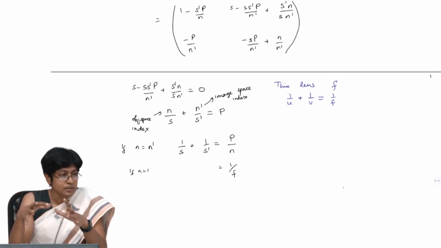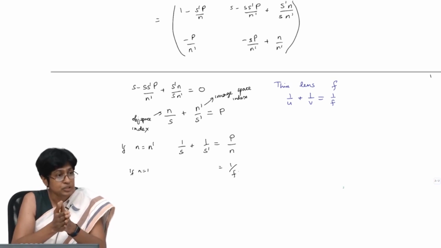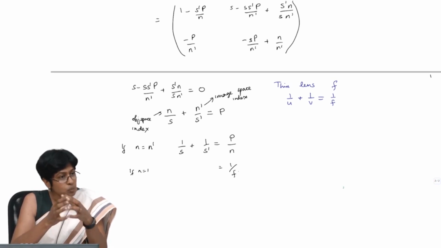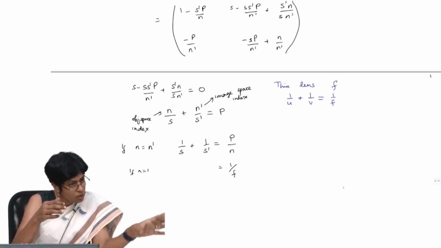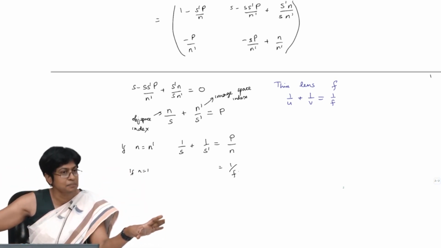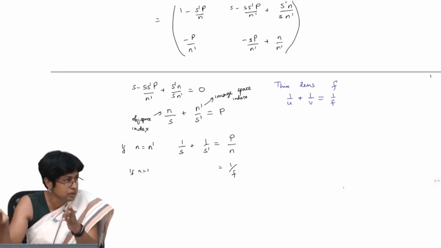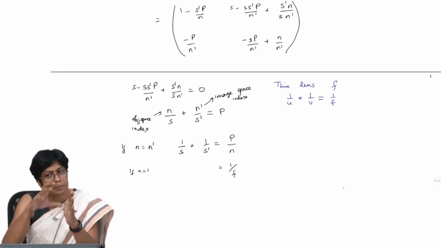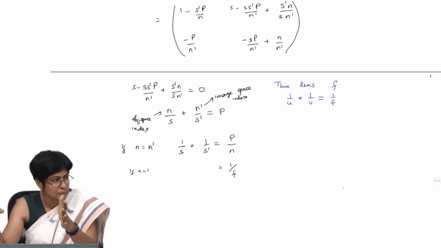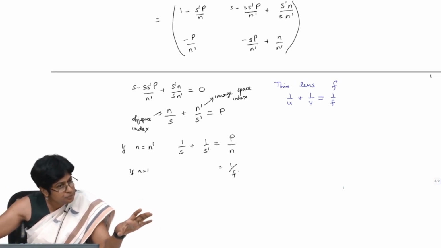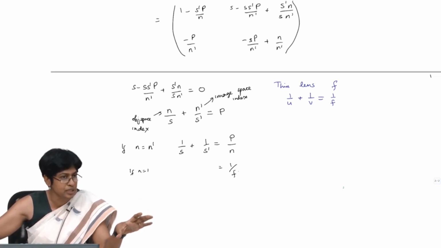Why is this important? Or rather, when is it important to have this ability? When I want to deal with the rays in object space and the rays in image space, and I don't really want to know, or maybe it's not possible for me to know, what's actually happening within the system. But I have the information of the input, and I can maybe measure the information of the output rays.